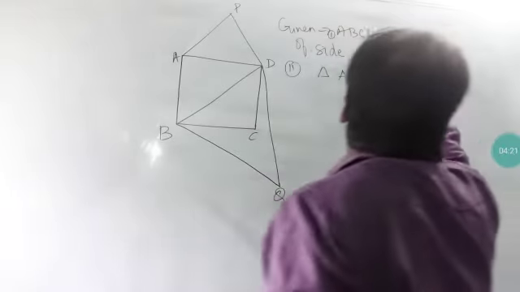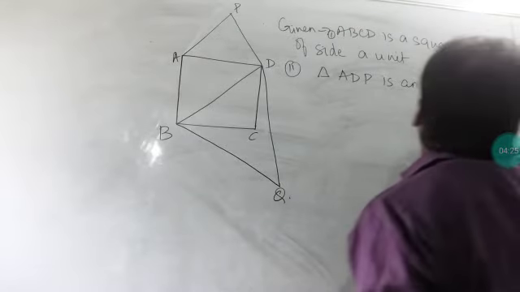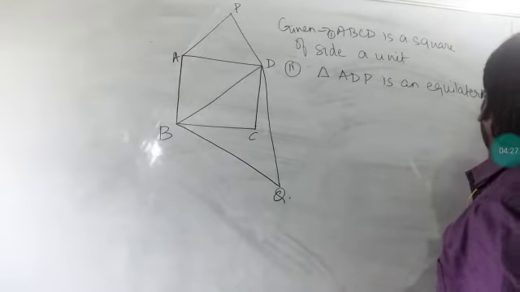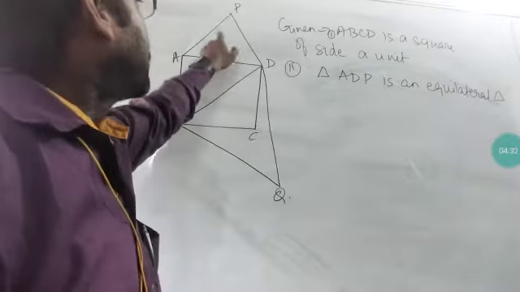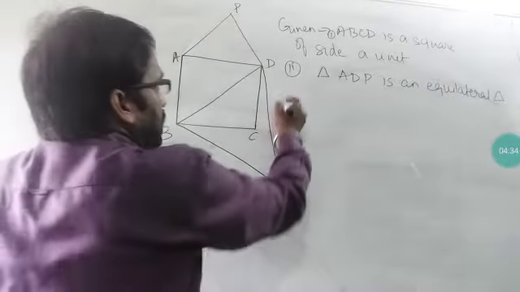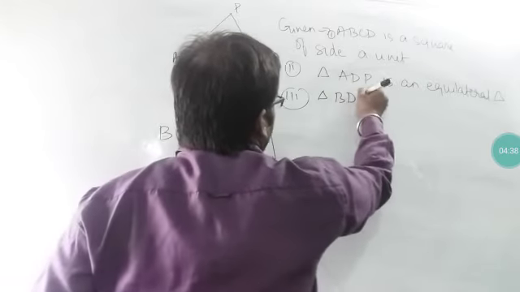Equilateral means all three sides are equal. So triangle ADP is an equilateral triangle and all its sides are A unit, because it is based on one side of the square, whose side is A.